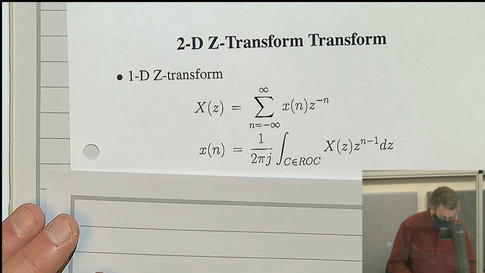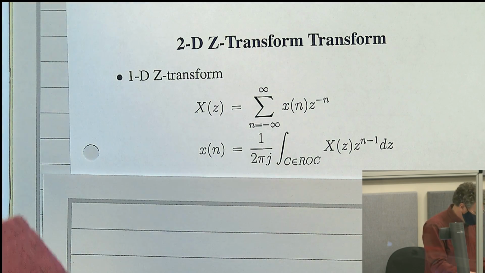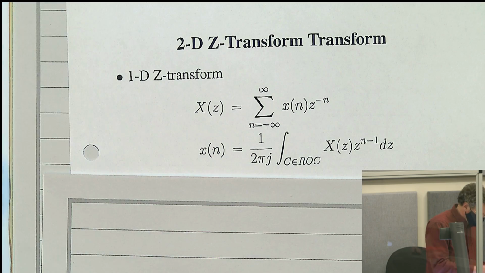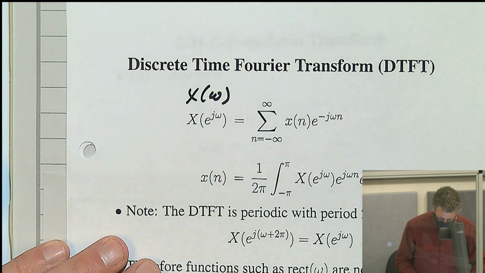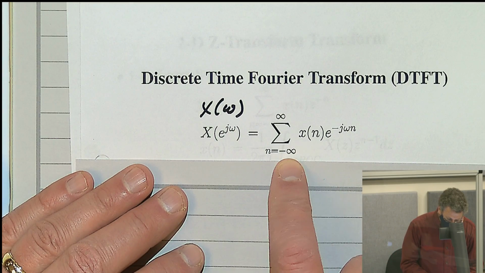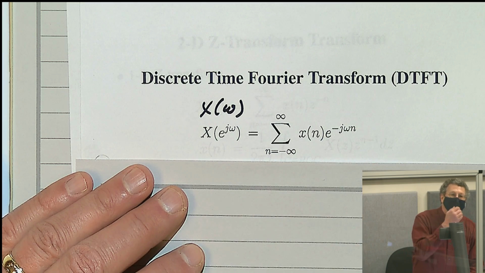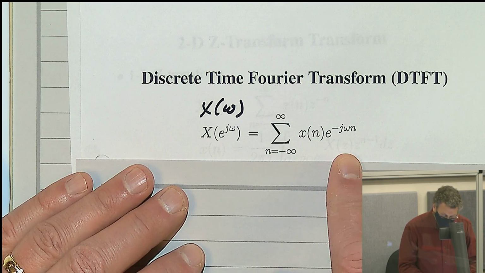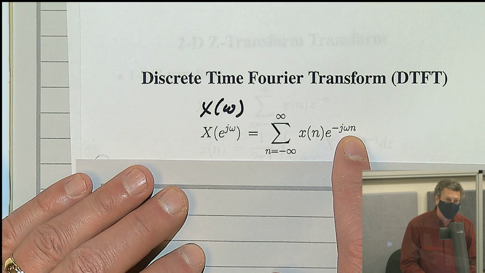So if you look at the 1D discrete time Fourier transform, this is what it looks like. It's the sum over n of x of n times e to the minus j omega n. Well, if you're writing these things out, you find yourself writing e to the j omega n a lot.